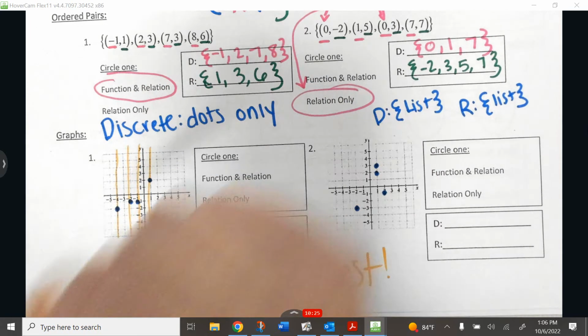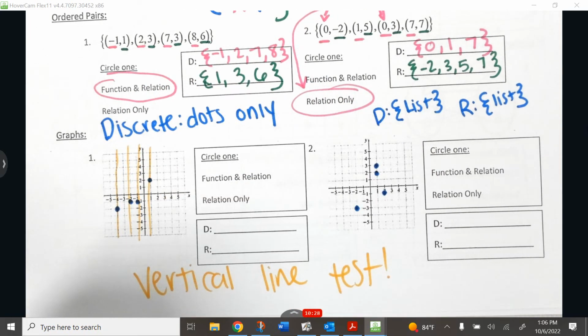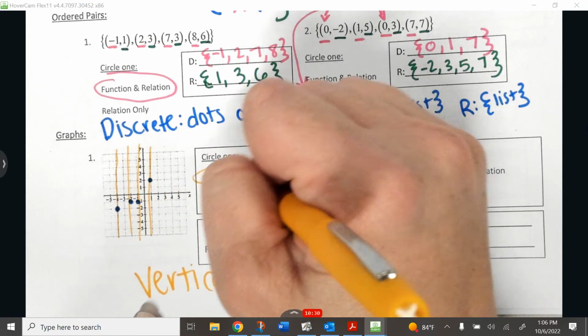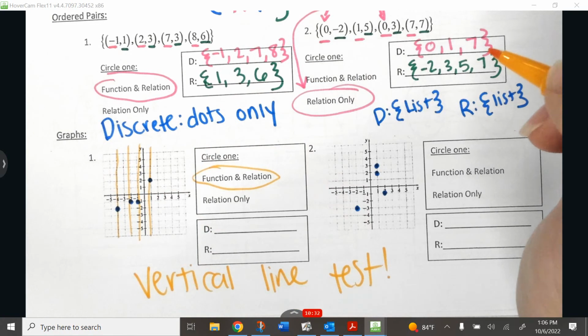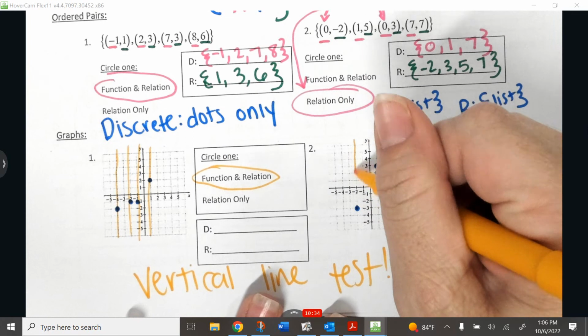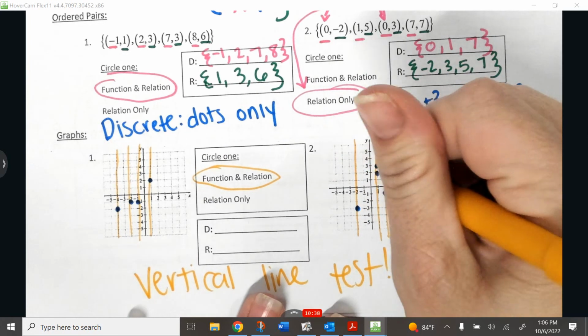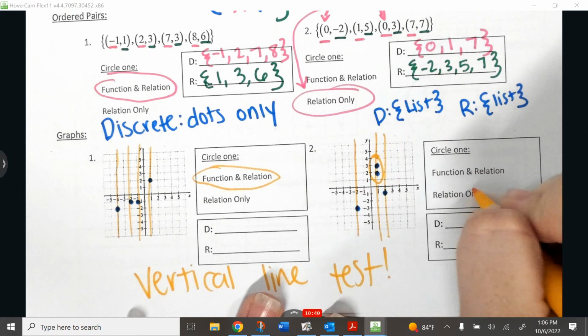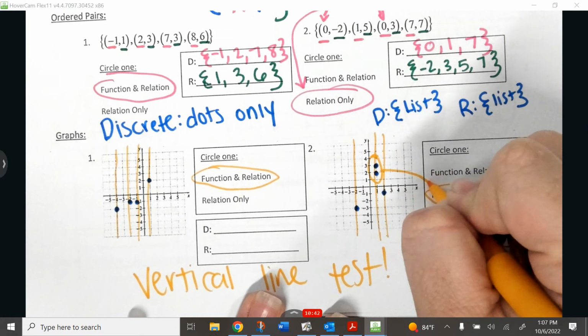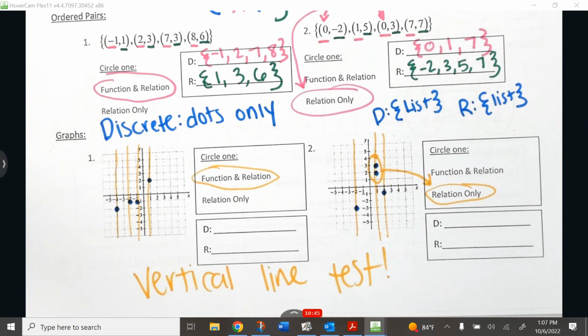Did it ever touch more than 1 point at a time? No. So this is a function and relation. But look at this one. If I draw a line, did it ever touch more than once? Yes, right here, these 2 points, therefore it's a relation only. Does that make sense?